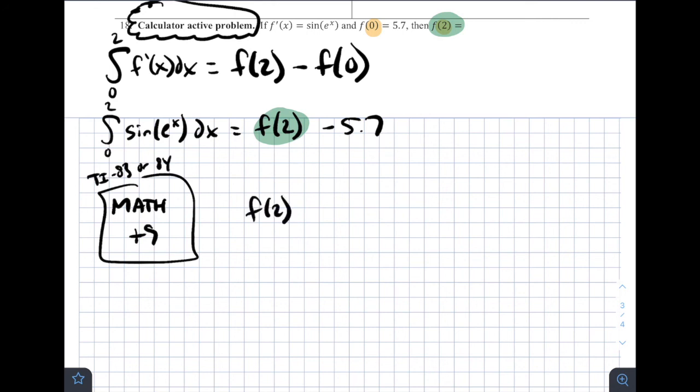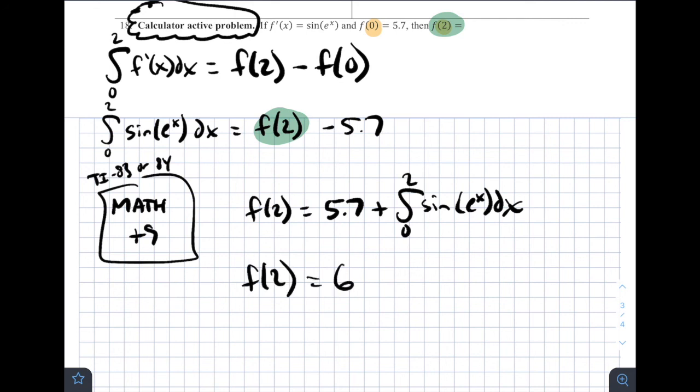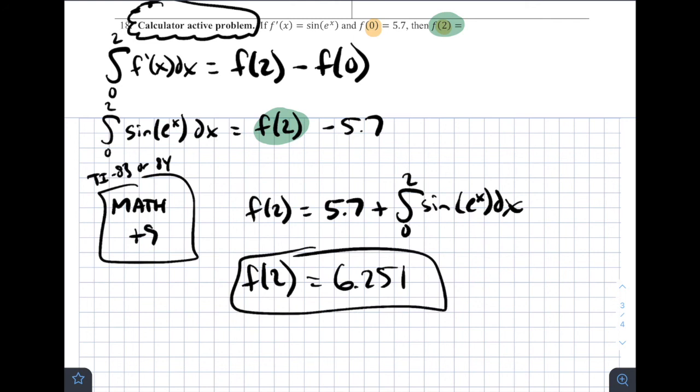So f of 2 is going to be equal to 5.7 plus this integral of sine of e to the x dx. I would hit math, and then 9 for that fnInt feature, type in this integral, get that value, add 5.7 to it. You should get, what do we get? 6.251 if we round to 3 digits after the decimal place.